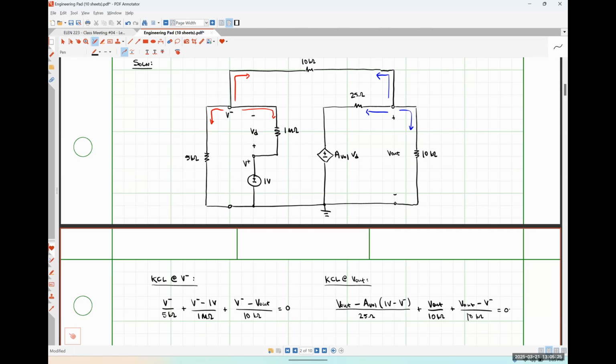I am intentionally not making that assumption here, because I don't want to introduce our ideal op amp assumptions just yet until I show you that they are very, very valid. So you're 100% right. That current is going to look damn near 0. We are going to wind up calculating it in a minute or two, and it's going to be quite small.